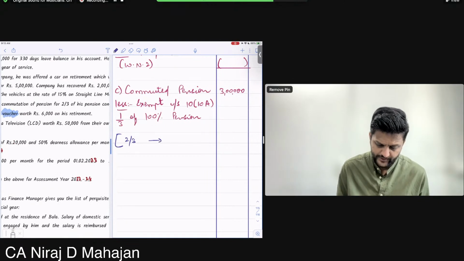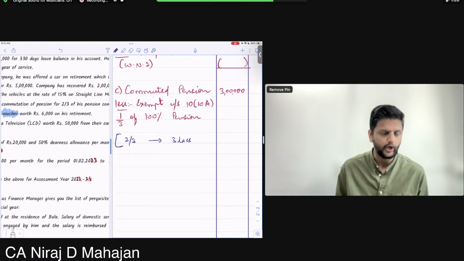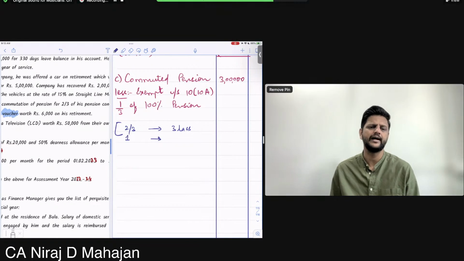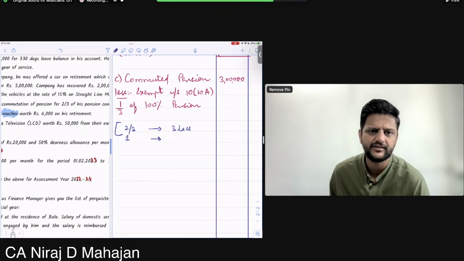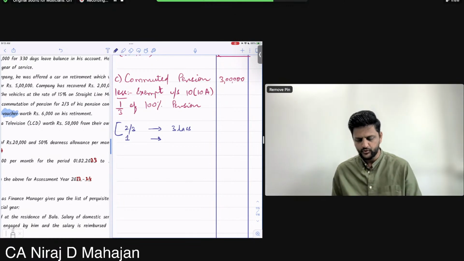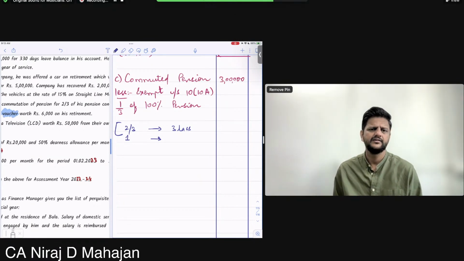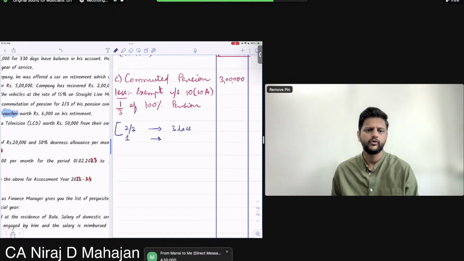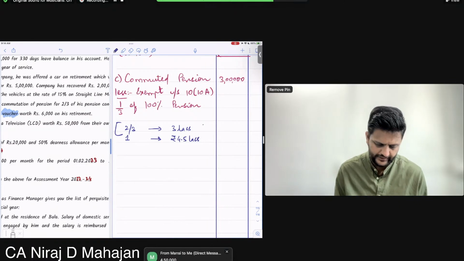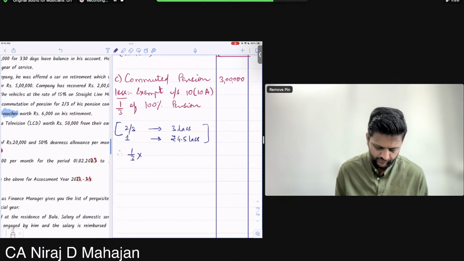If 2/3 is rupees 3 lakhs, then how much will the entire one be, बच्चों, है ना? 2/3 of what is 3 lakhs, or 3 lakhs divided by 0.67. 2/3 is 0.67, no? So 3 divided by 0.67, how much? 5 lakhs? Or 4.5? 4.5, okay. So rupees 4.5 lakhs. Fine here. Therefore, 1/3 of 4.5 lakhs.